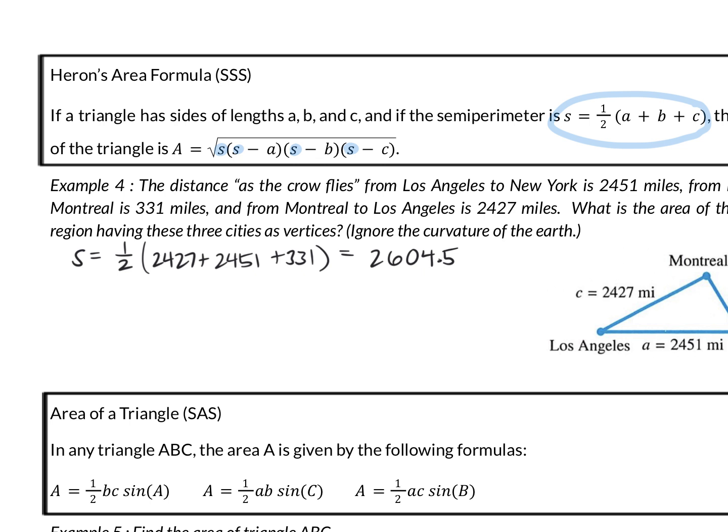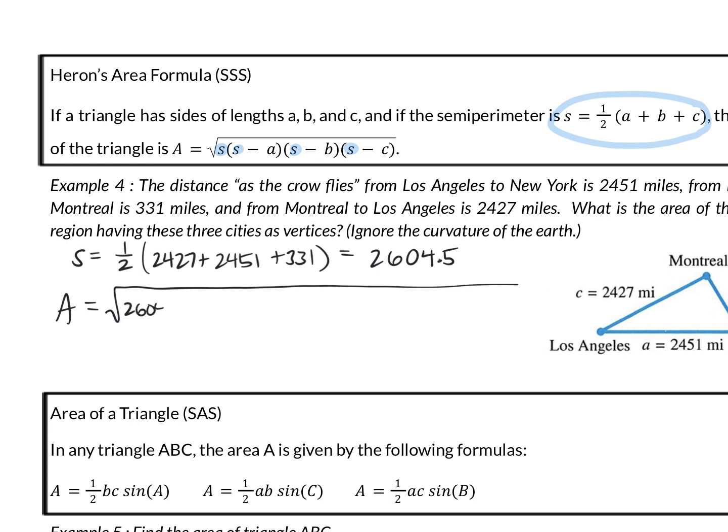Okay, now to find my area. Instead of writing S every single time, instead of writing this number every single time, I'm going to write S instead, because otherwise it's going to be super long there. So I've got the square root of my value S. Actually, I lied. I'm just going to write it down.